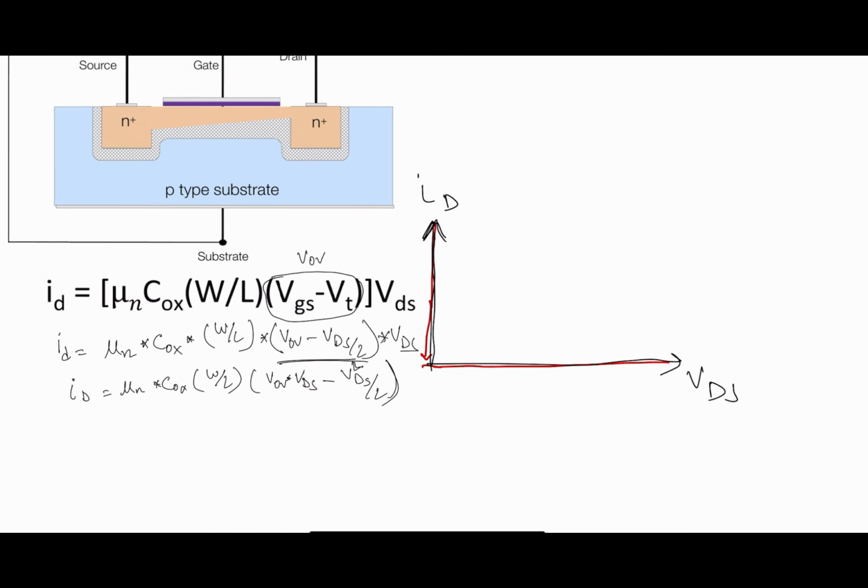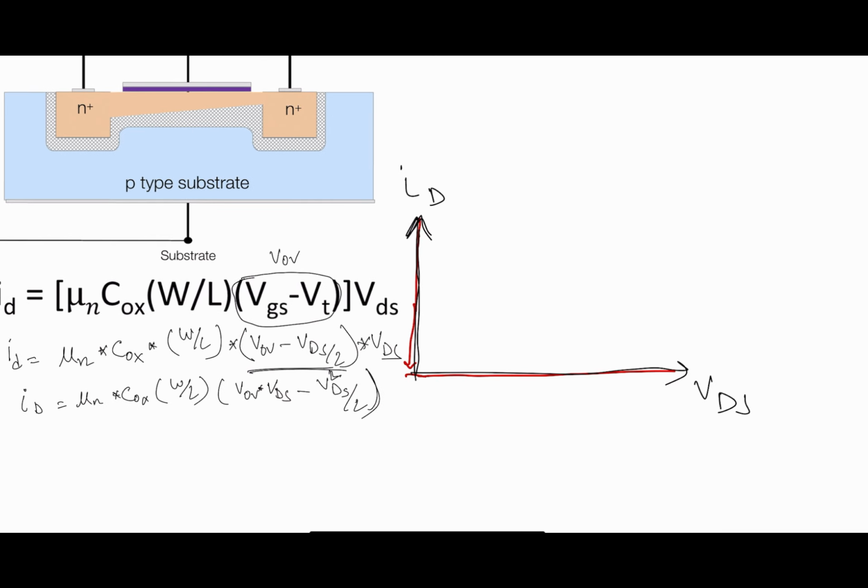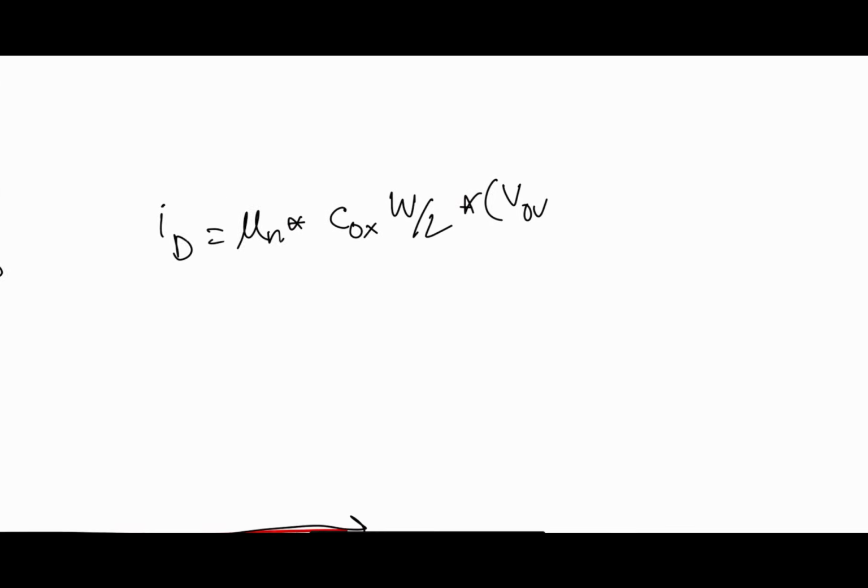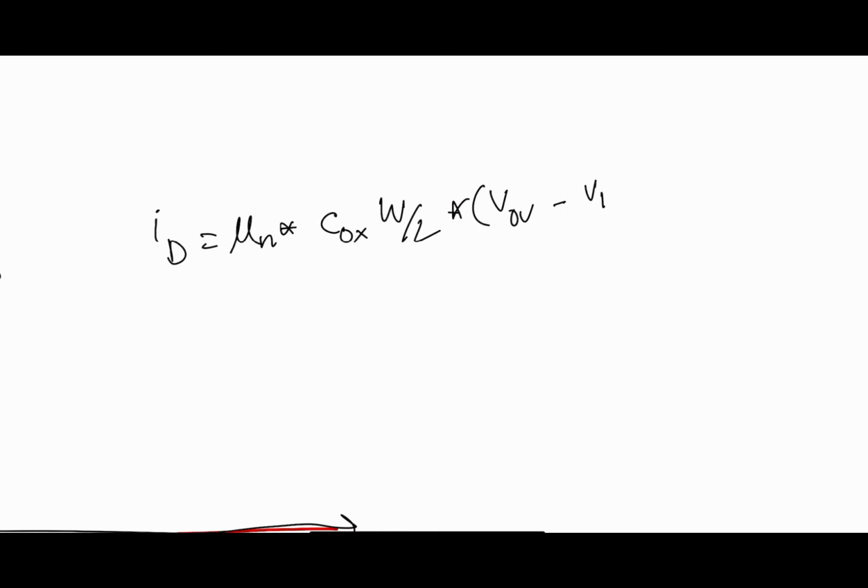So let's write down the equation again: ID is equal to mu n COX W by L, VOV minus VDS by 2 multiplied by VDS.